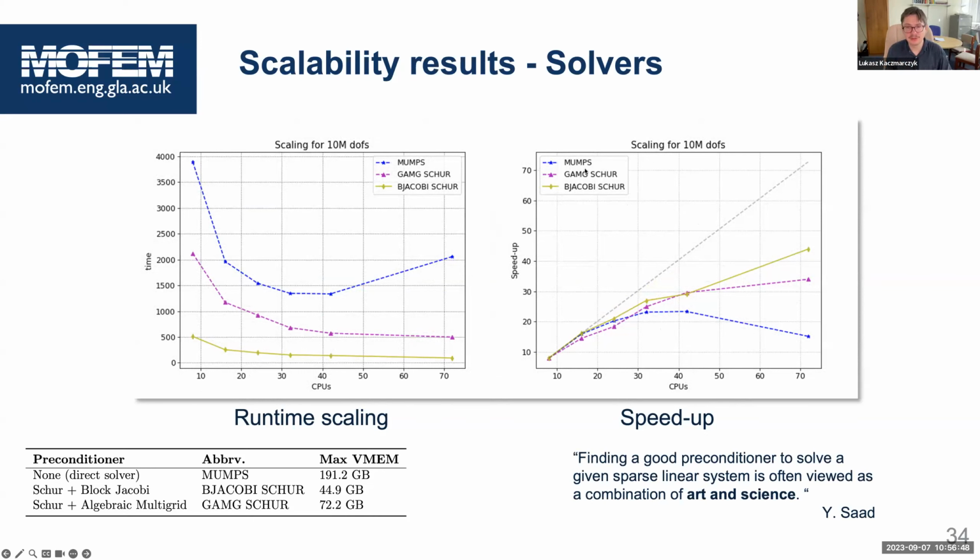But when you use, for example, algebraic multigrid on the Schur complement, or block Jacobi on the Schur complement, we can get much better speedup. These results for the multigrid are not necessarily the best which we could get, because we don't exploit the local block structure of this U matrix.